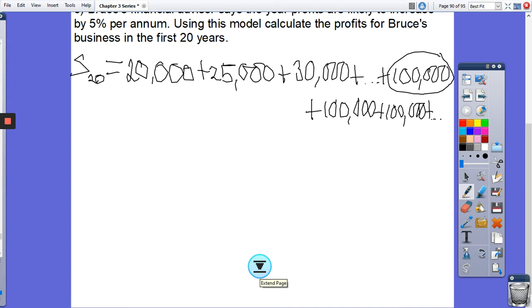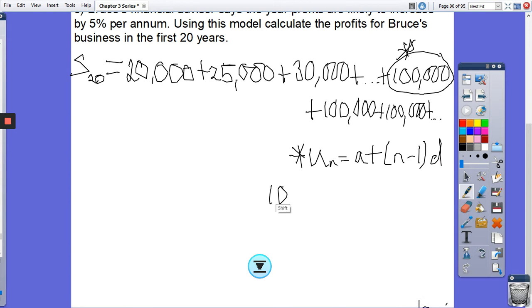So if we say for this term here, we just put a little star here, then we can say that UN is A plus N minus 1 D, 100,000.